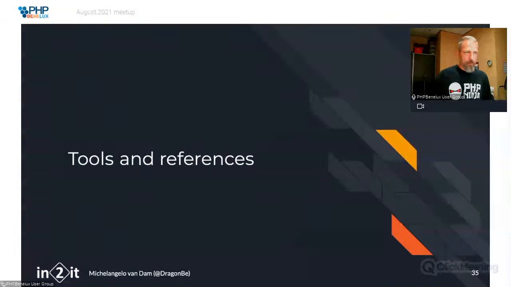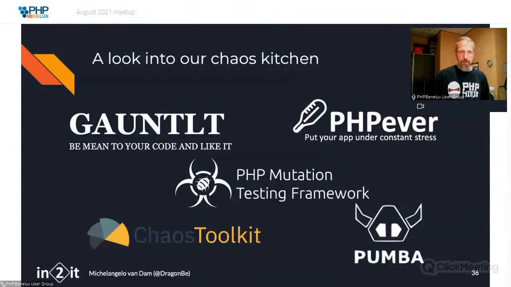I also have some tools and references. Well, at Chaos Kitchen here, we use Gauntlet. It's a very nice tool to automate most of these things. PHP Fever is a tool we've created here to put your application under constant stress.